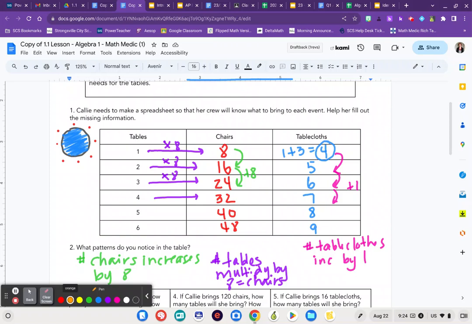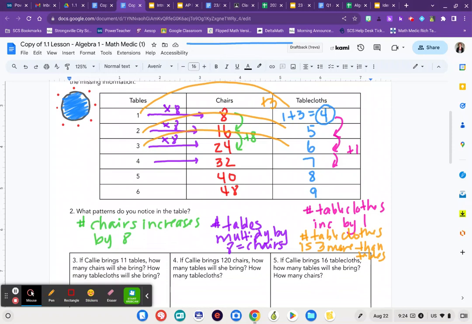Oh, the number of tablecloths is always 3 more than the number of tables. So 3 tables plus 3 is 6. So I'm going to say number of tablecloths is 3 more than tables. Okay, so these are some things that I'm noticing.